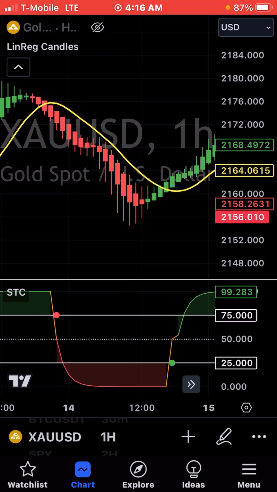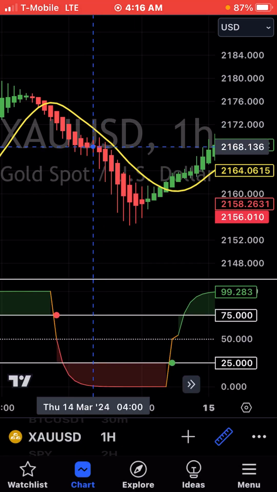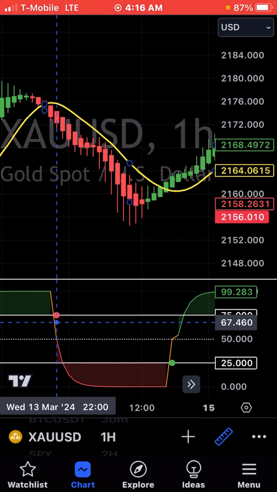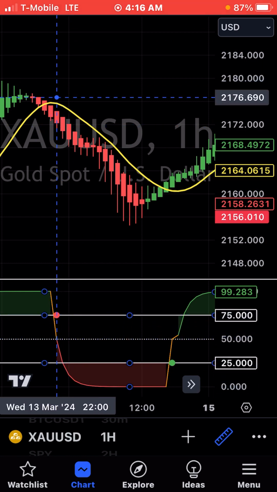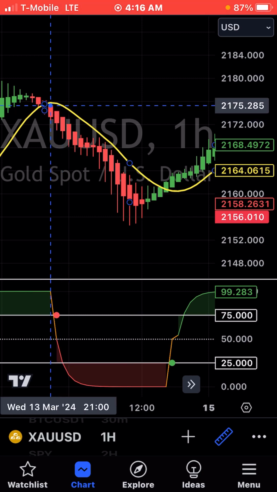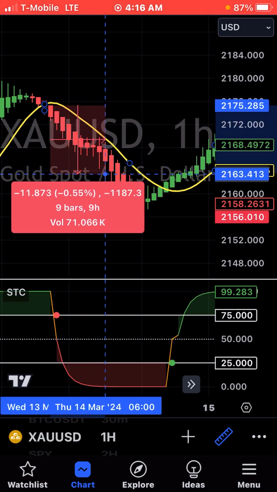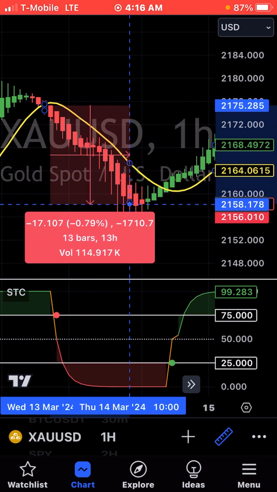Let's look at a couple other examples here. Okay, so right here on the STC, we see that it's crossing down. We also see that the candles are below the linear line. So right about here will be a good time to get in. You exit your trade when it touches the linear line, or before it if you want.